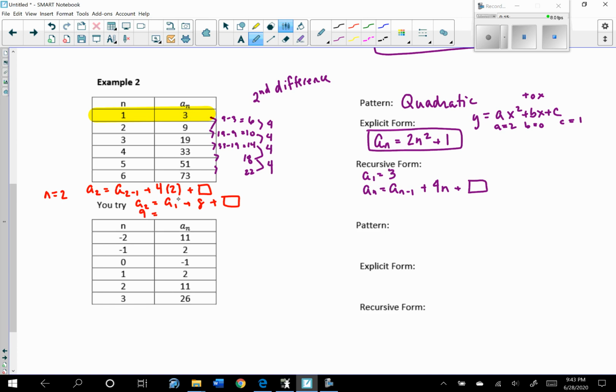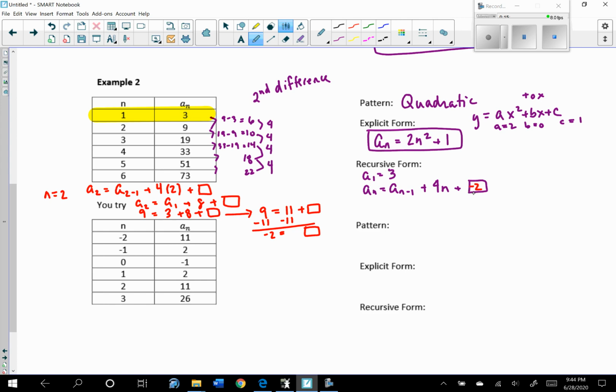And a sub 1 from our table and from what we wrote over here is equal to 3 plus 8 plus something. So I'm going to go over here. So now we have 9 equals 11 plus something. And so now to solve for that something, I can subtract the 11, and I get negative 2 equals that something. So if I plug negative 2 in here, that should be my recursive form.